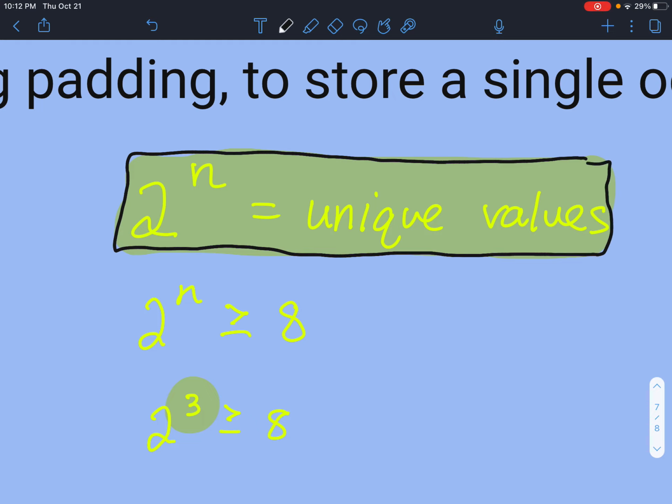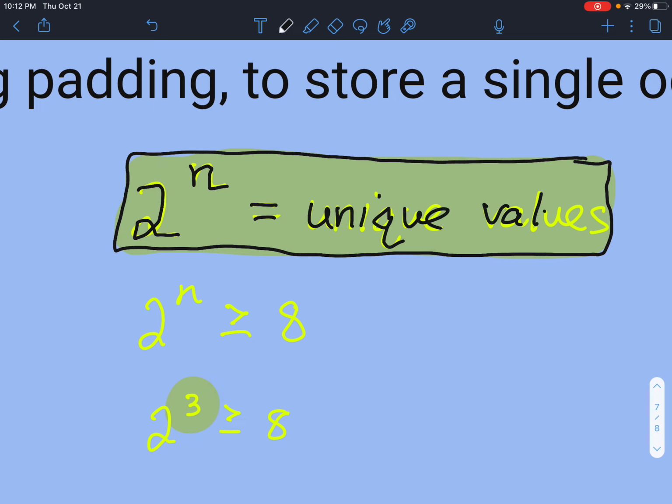If you want to know how many unique or different values or different combinations you can utilize with a certain number of bits, we take the base that we are working in, base 2, we raise it to the number of bits, and that actually does give me the unique or the different number of combinations that I can make with those bits.